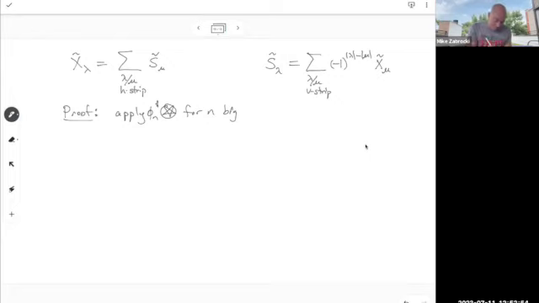Then you can conclude that phi n of S lambda tilde, if you take this as your definition of my S lambda tilde, this thing has a power sum expansion.